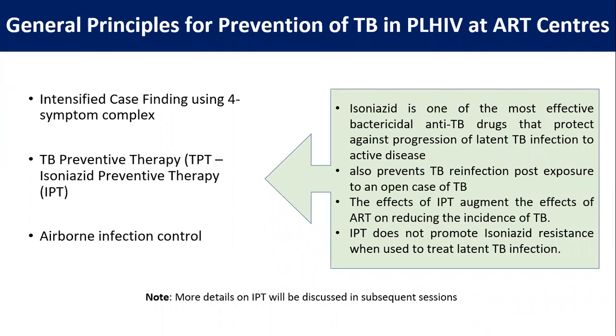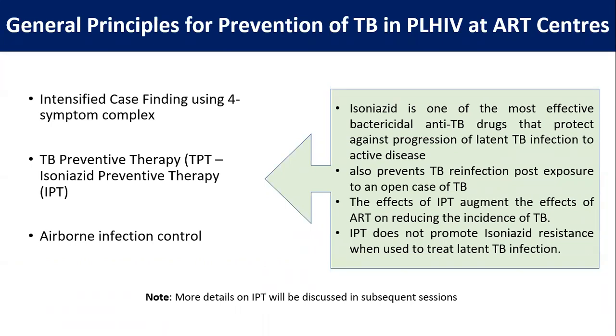And TB preventive therapy can be given even after the completion of ATT. So, for example, a person has been diagnosed with TB and has completed 6 months of treatment with the standard 4-drug regimen of ATT, and immediately after that, we can continue IPT, that is isoniazid, for another 6 months, along with pyridoxine 50 milligram once a day.